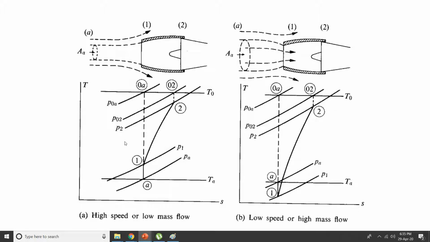On a temperature versus entropy diagram, your pressure lines are drawn across. Pressure at point A is drawn like this, pressure at point 1 is drawn like this, and pressure at point 2 is drawn like this. These two points are the points of your stagnation pressure.